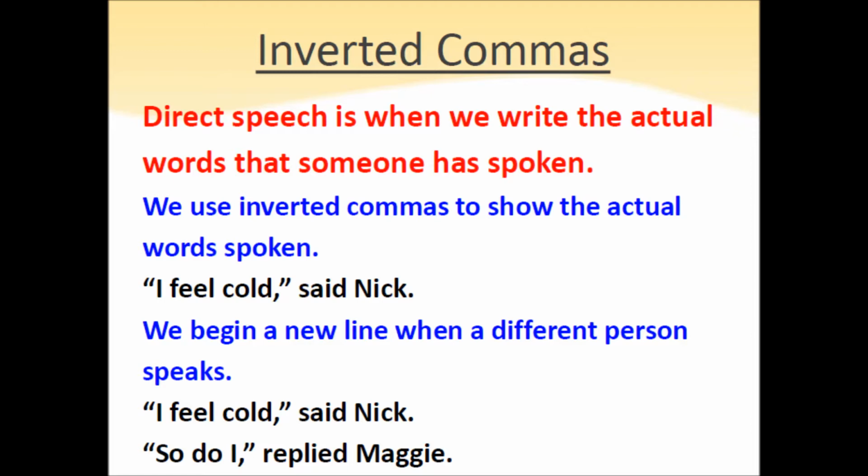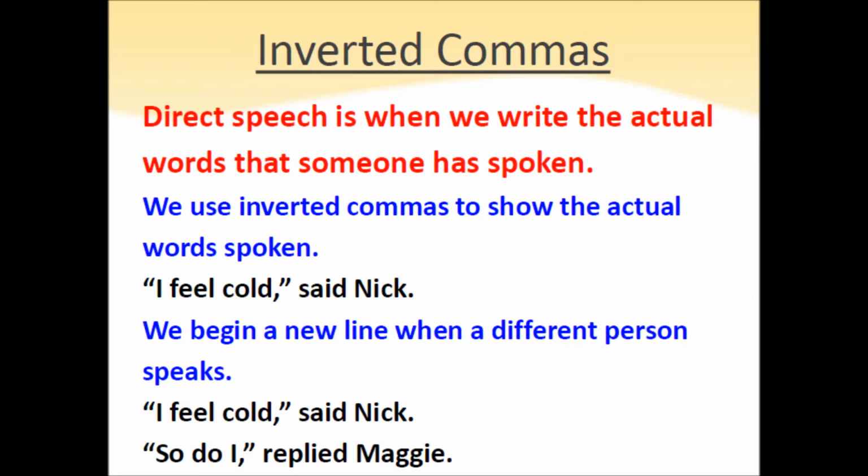Now, the word inverted usually means upside down. So when we make our 66, that is literally an upside down comma. But inverted commas as a title is used to mean speech marks, the opening and closing speech marks, the 66 and the 99. Okay, so let's read this.